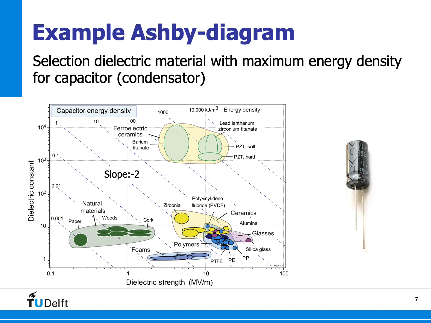Let's have a look at an example of an Ashby diagram. The EduPack software allows you to plot graphs like these. This is a graph that shows you the dielectric constant and the dielectric strength of materials.